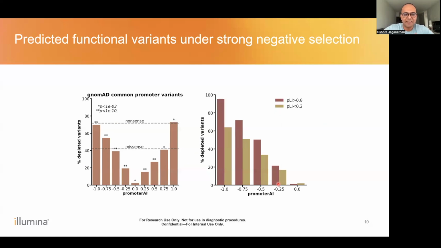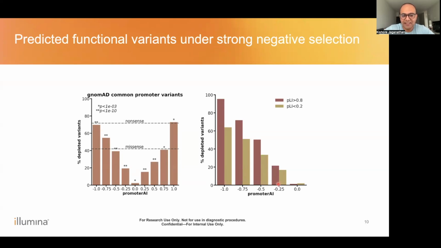So the way to do it is you construct a 2 by 2 contingency table where one column will be common variants and one column will be rare variants, and one row will be your estimate for whatever is considered pathogenic, and the other row will be your guess for whatever is considered benign, for which you can use synonymous mutations, for example. And for whatever you consider as pathogenic, any model you train, you can put it through this test.